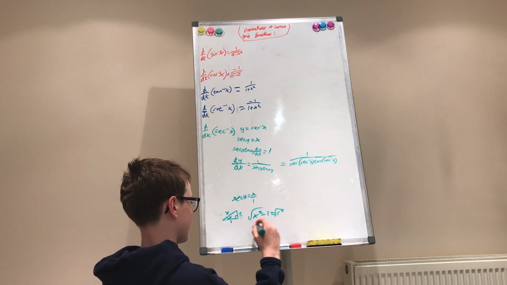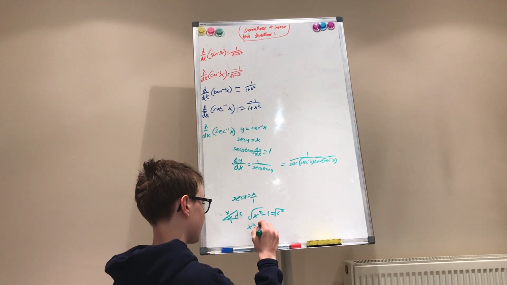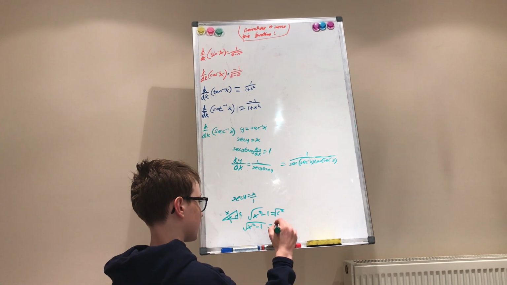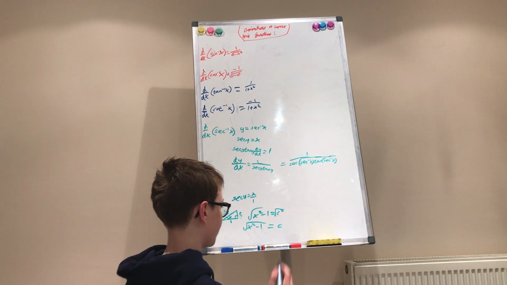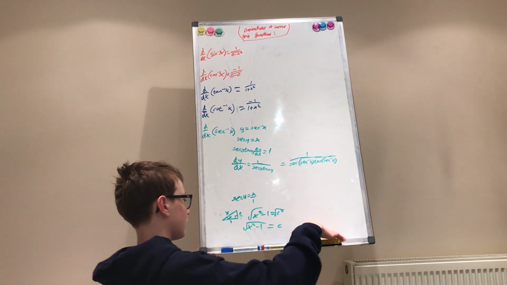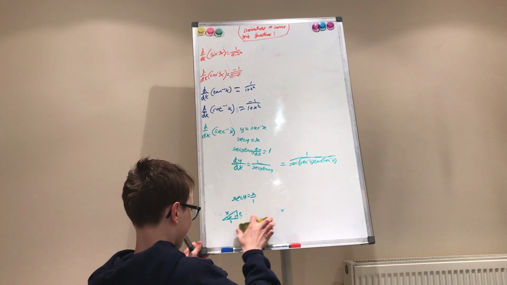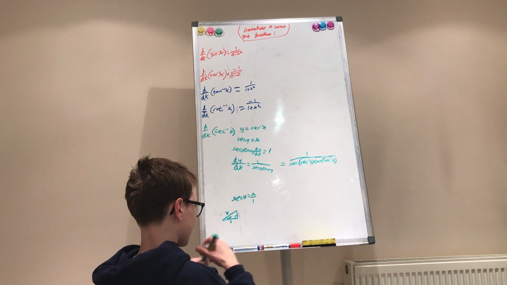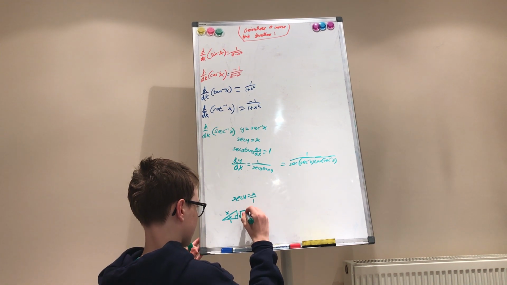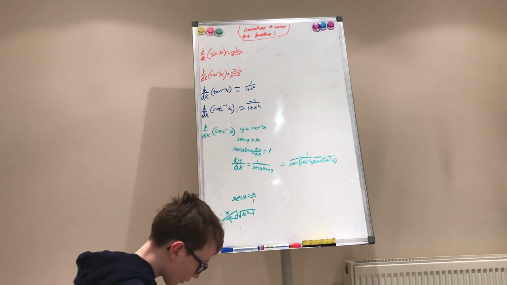Square root. Equals c. Finally! This is the square root of x squared minus 1.